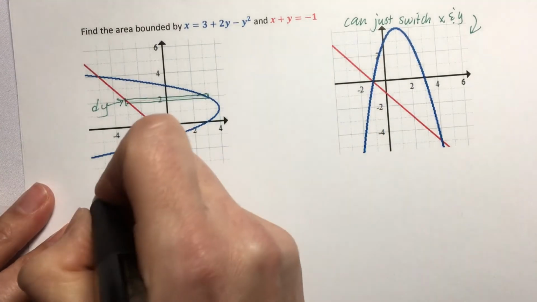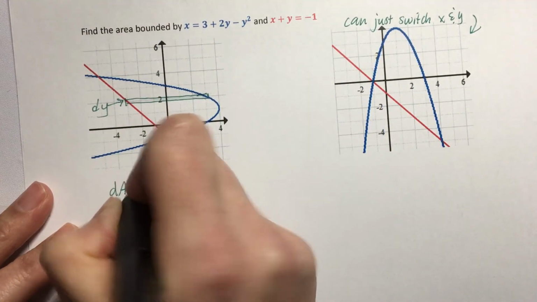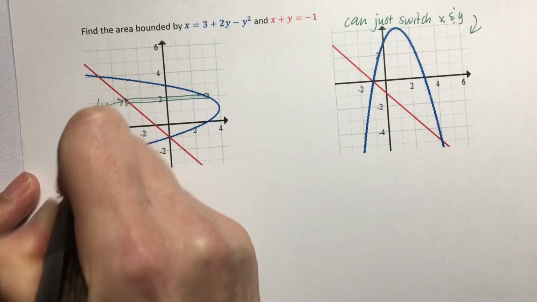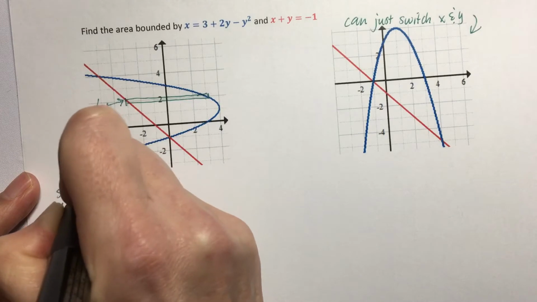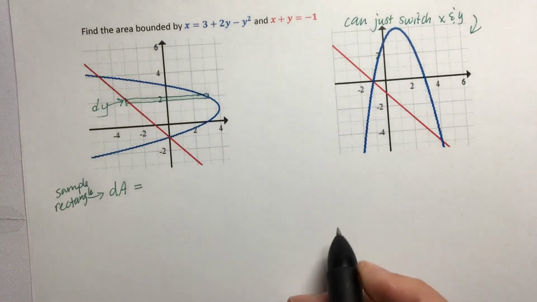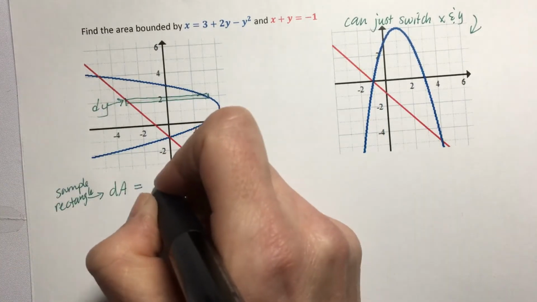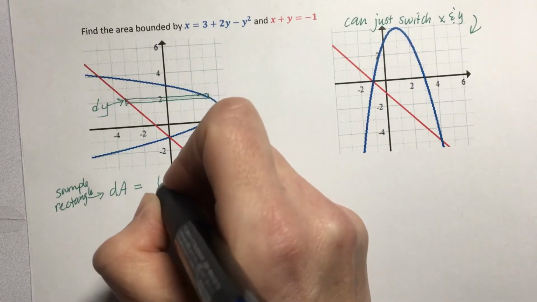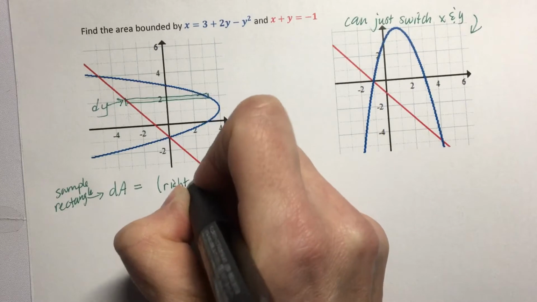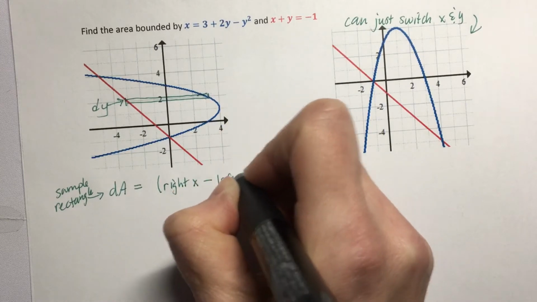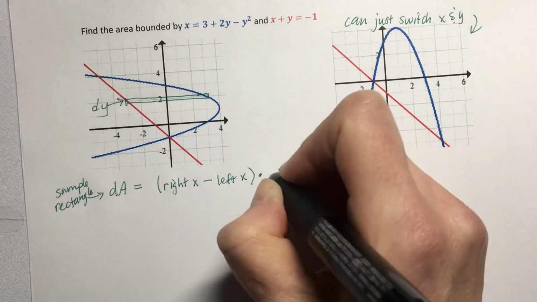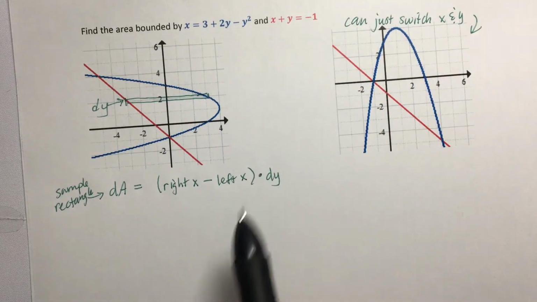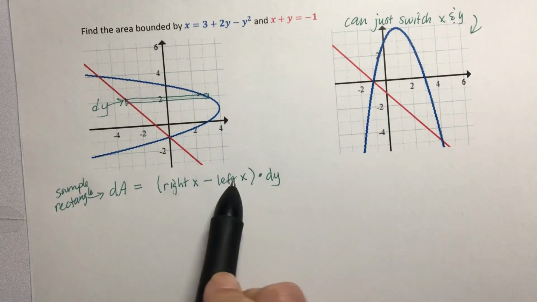So once again, we're going to consider the area of that sample rectangle, called dA. It's going to be the right x minus the left x times the thickness, which is the dy. So basically, I have the blue minus the red.